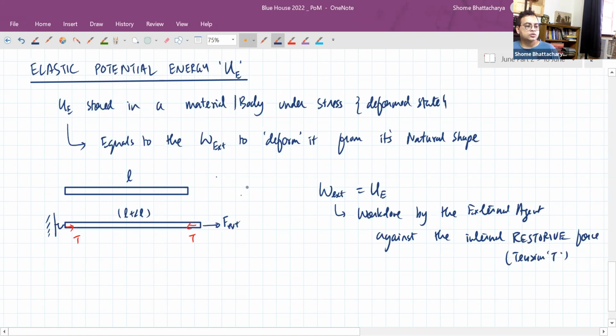So going from here to here, how will we calculate the total work done? We'll take some intermediate stage. At some intermediate stage, the elongation was just x, and then we increase it slightly by dx. That small displacement dx.